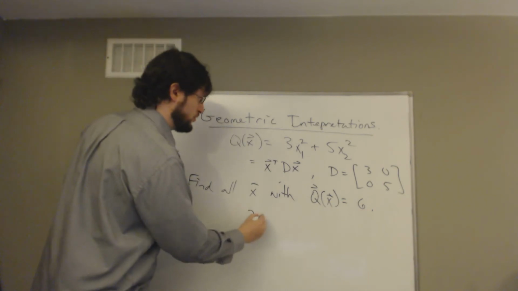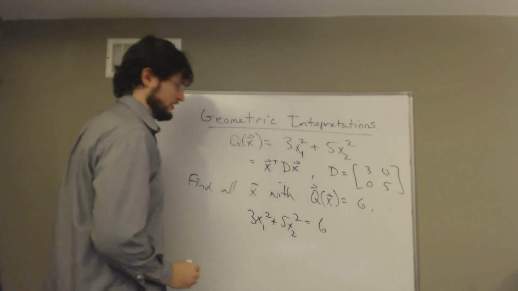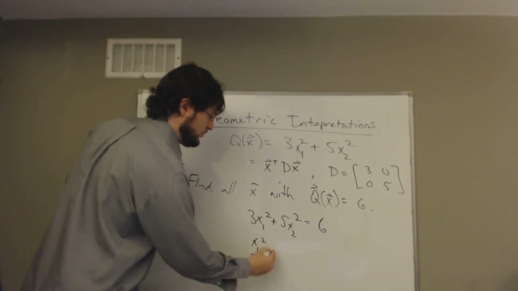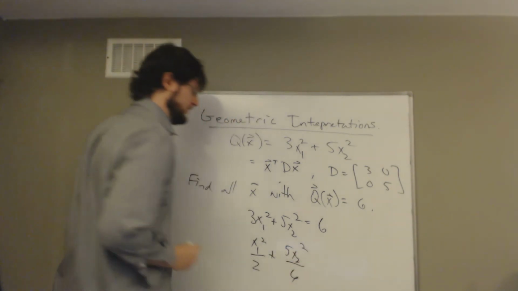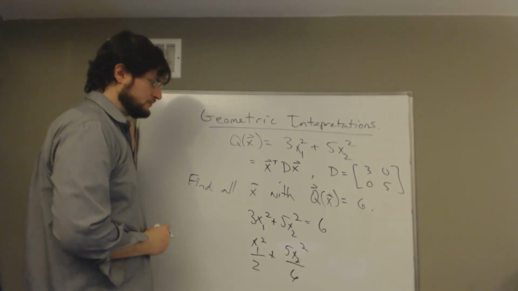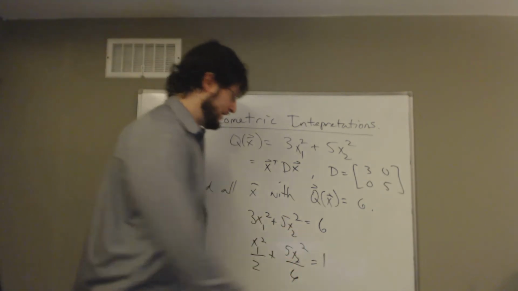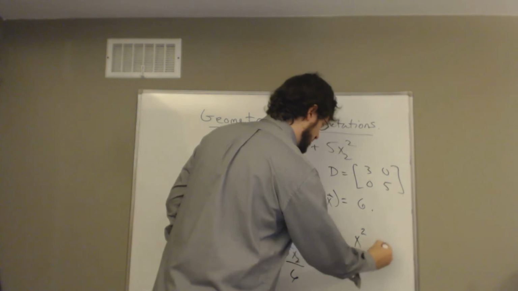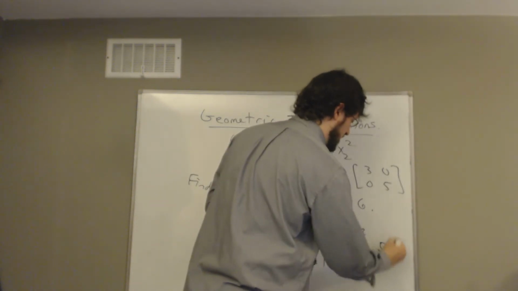This corresponds to 3x1 squared plus 5x2 squared is 6, which is x1 squared over 2 plus 5x2 squared over 6 equals 1. Now, if I turn this into an x and y equation, this looks like x squared over 2 plus 5y squared over 6 equals 1.